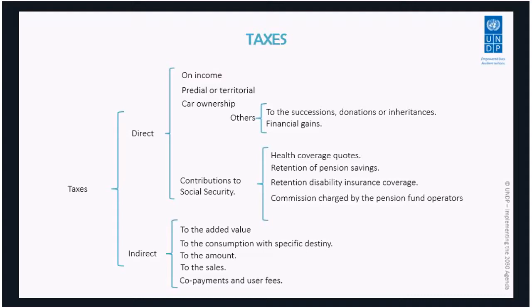So on one hand, you have the direct taxes, which are levied on the income an individual earns, the taxes you pay for the ownership of your house, for instance. In some countries, that is a tax. The ownership of vehicles as well.